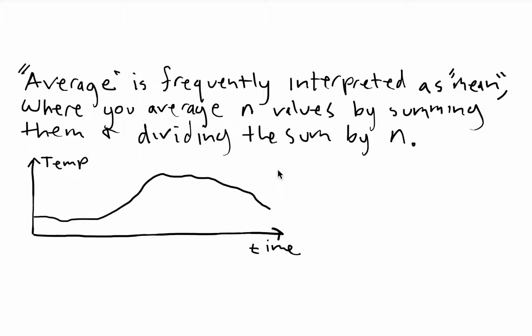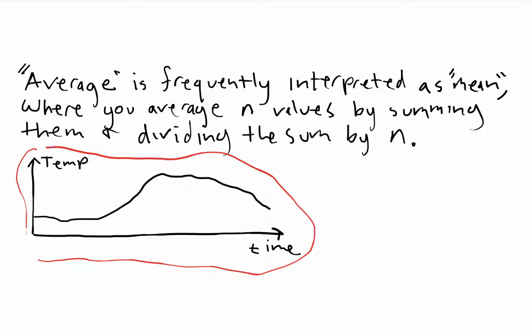Now, this poses a potential problem, because this is the way that we usually think of temperature graphs, this thing that I've drawn here, where I have time on the independent axis and temperature on the dependent axis. I haven't given units, but they're not super important for our purposes.